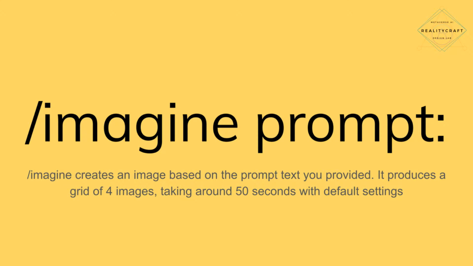So when you do the imagine prompt, it is going to create a set of images based on the prompt text you provided. In Midjourney, that is a grid of 4 images. In Stable Diffusion, depending on which interface you're using, it might be 1 image, or you might be able to choose how many images it's going to give you.